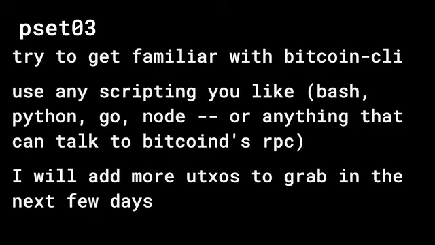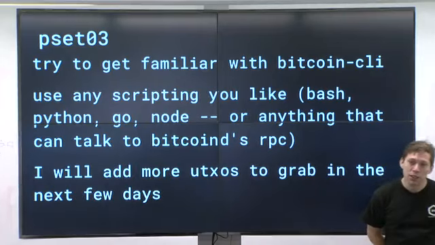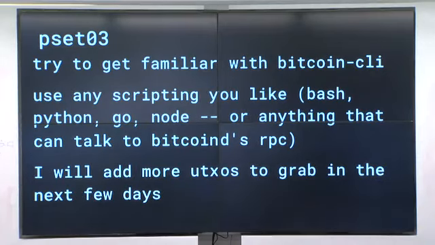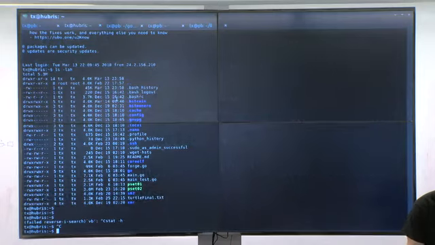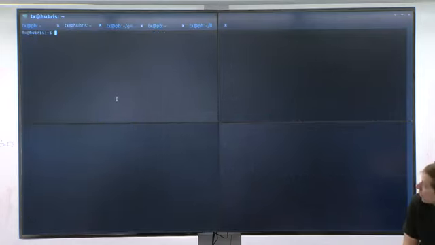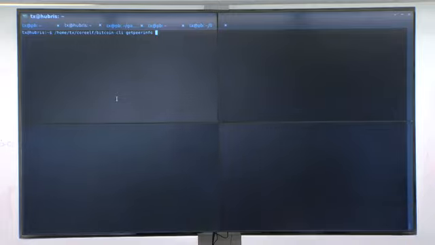If you want to do your own scripting with Bitcoin, you can use anything you want. Bitcoin CLI is a command line utility that lets you interact with the Bitcoin node. So for example, is this readable? Kind of, right? If I want to get peer info, this is a computer down on the first floor running Bitcoin mainnet.